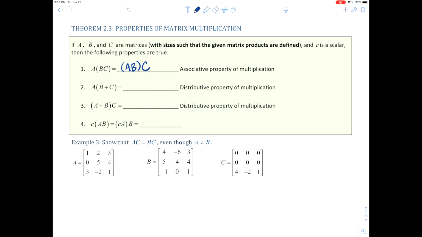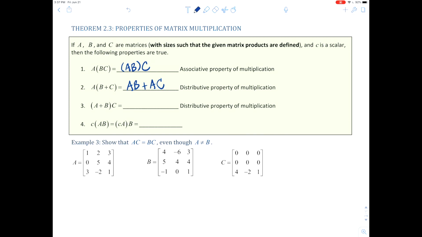A times quantity B plus C would equal what? Beautiful. A times B plus A times C. When the dimensions work out, then matrix multiplication is distributive over addition.